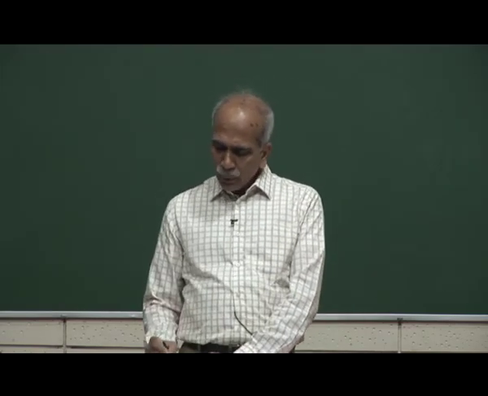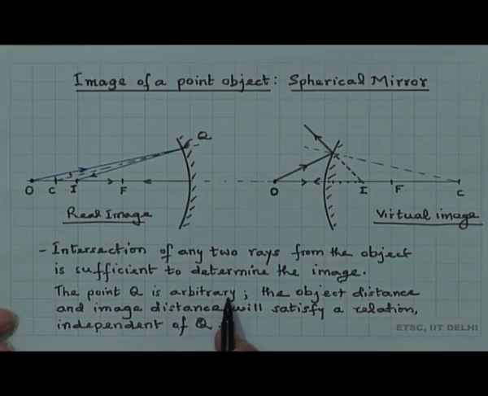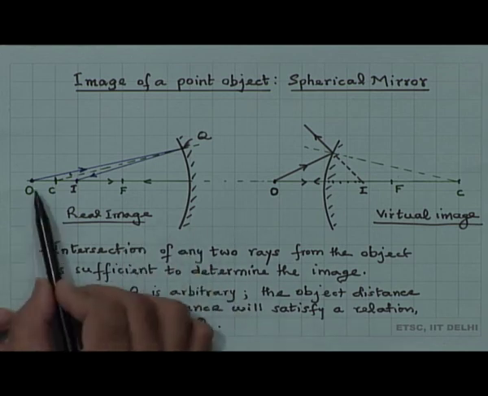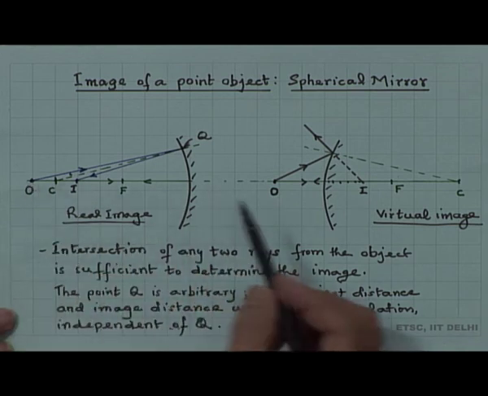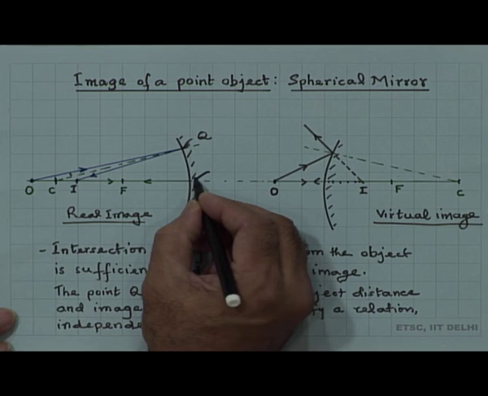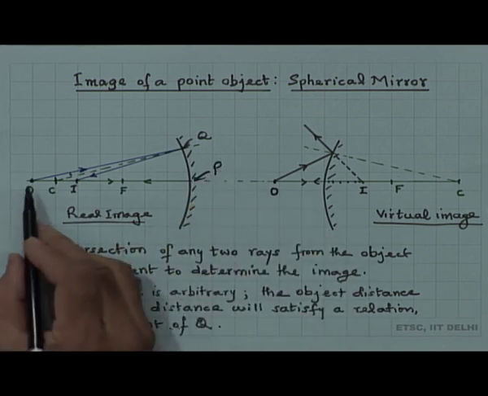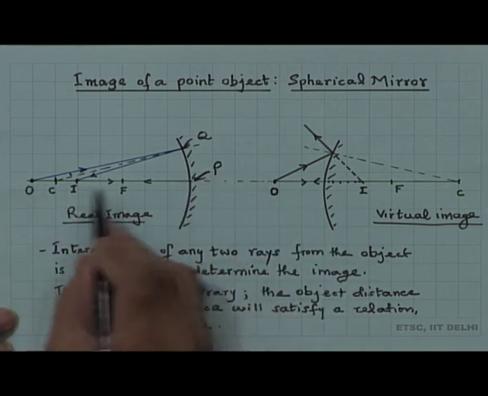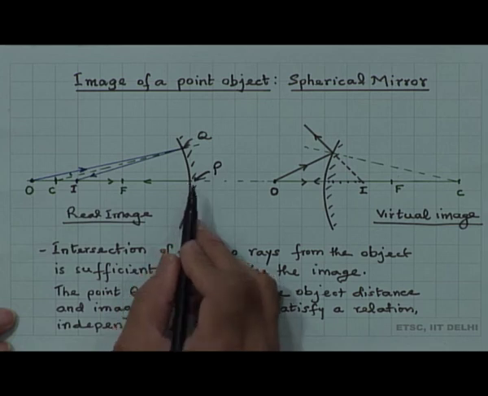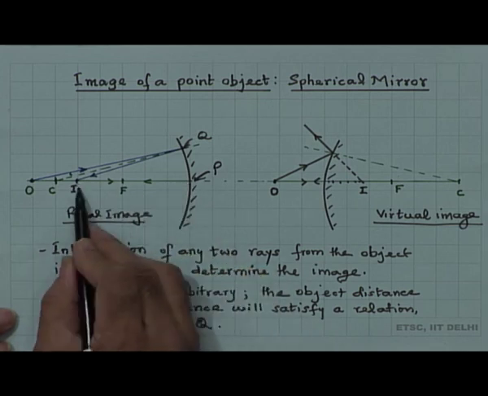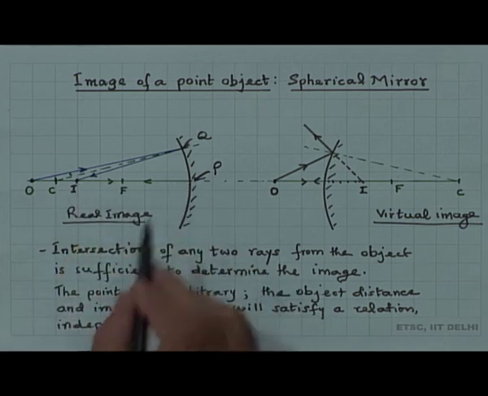So, the point Q is arbitrary, and therefore, the object distance and image distance will satisfy a relation independent of Q. We will show this, that the object distance O to P, this point is P, the pole, OP is called the object distance, IP is called the image distance. We will discuss this in detail.